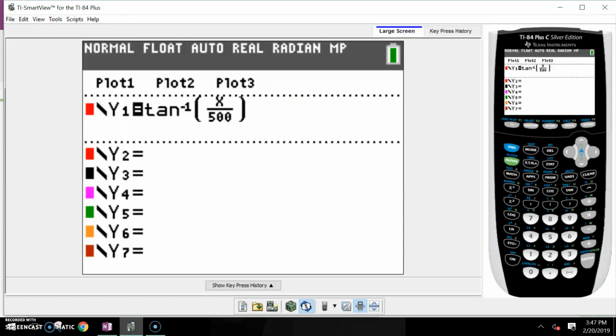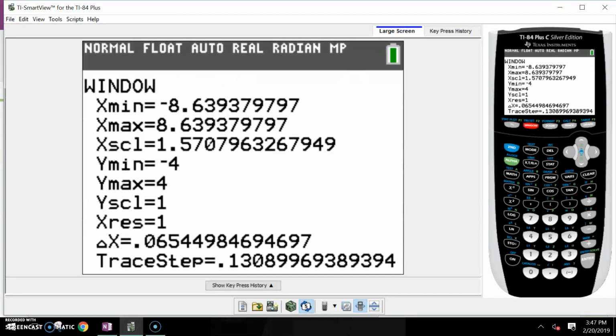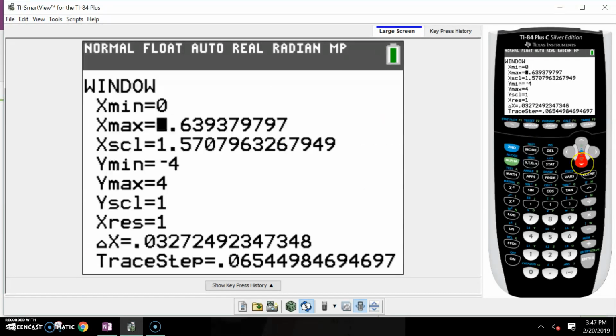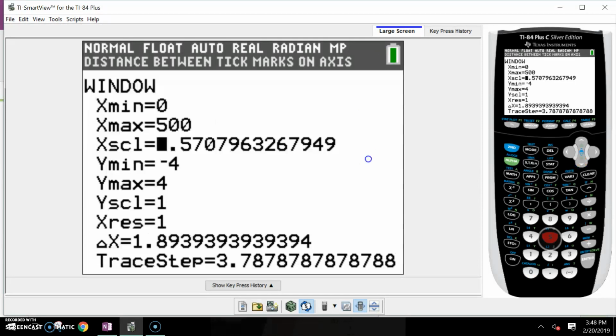I put inverse tangent of x over 500. And if I look at the graph, what I can see is that, let me change my scales here. I want to go from 0 to 500. Oops, 0 to 500. And I'll count by 50.